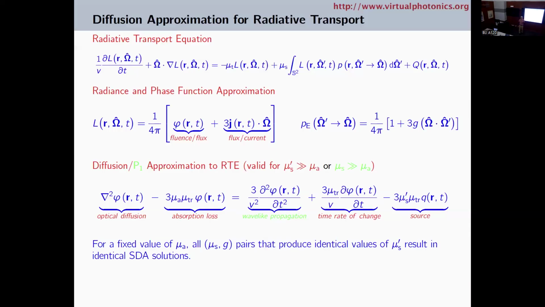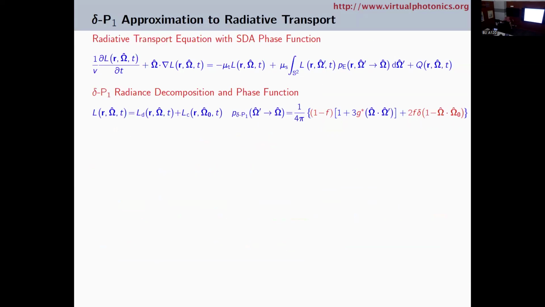So in the general case, you have μa and μs prime, but g gets collapsed into the μs prime because you only have two independent coefficients. When you go to delta P1, you're introducing an additional component, the collimation. So LD has two components and the collimation has one, for a total of three components.